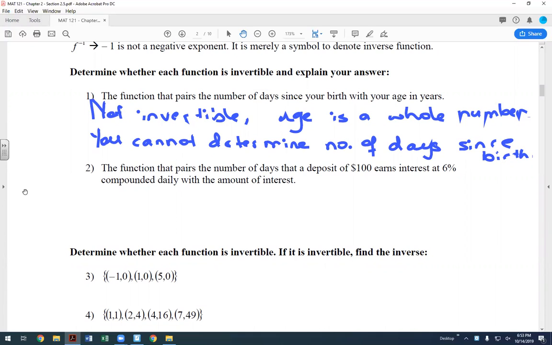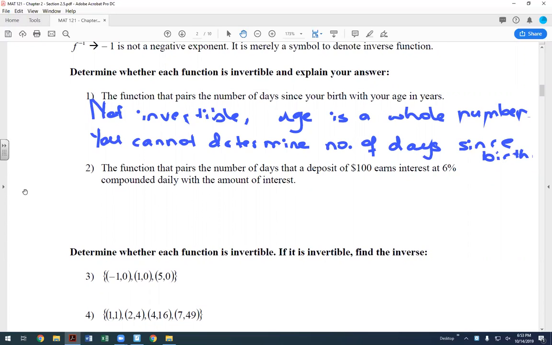Because if it's compounding interest, the first day it would become a new amount, and then that amount would compound 6%, and then the new amount would compound, and each new amount would keep compounding. And that's happening because they're specifically telling us that it's compounded daily.